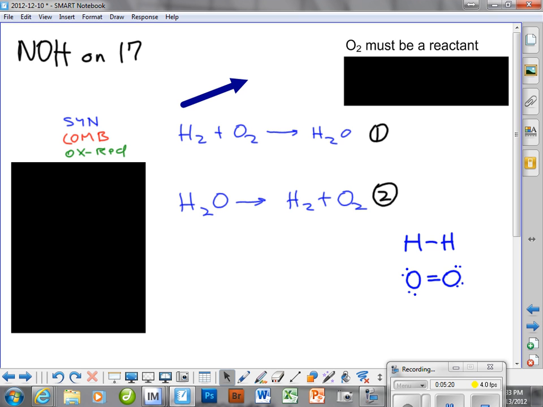Because why is this oxidation reduction? Correct? Don't know? Have you got your notes from yesterday? Okay. What do your notes tell you oxidation reduction is? What do you have down for your notes on oxidation reduction?